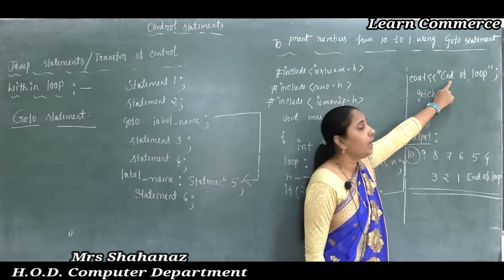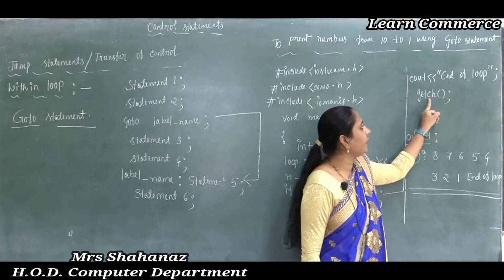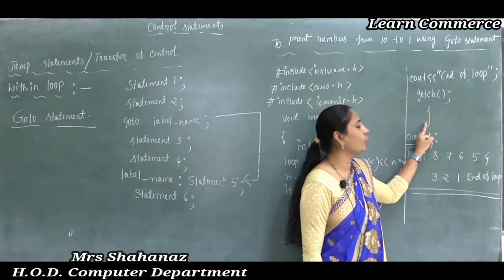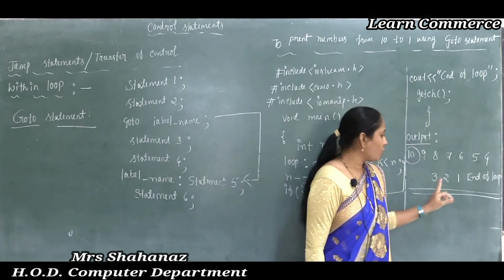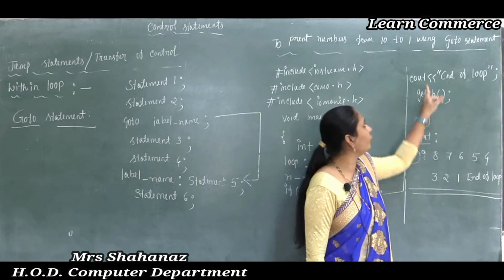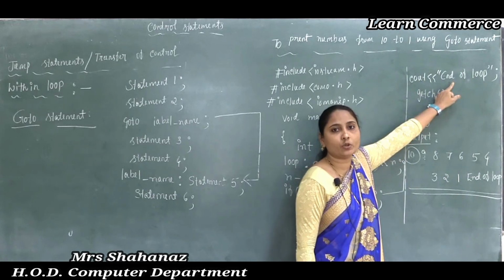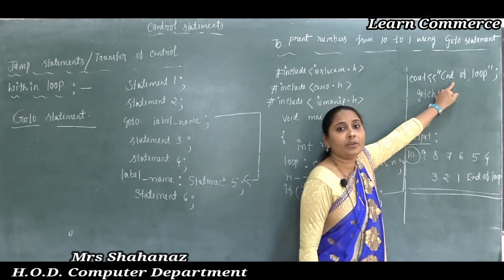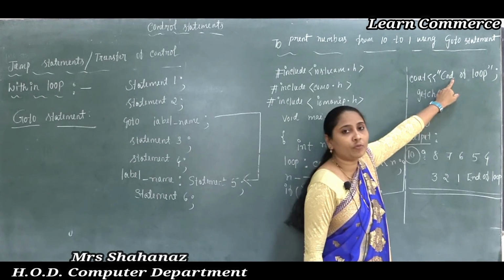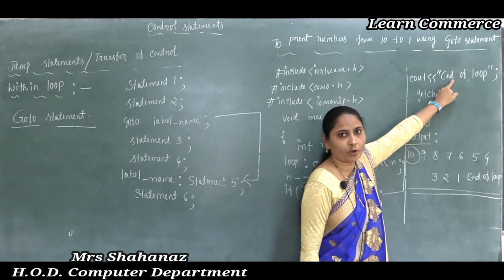Clear on this point? The end of loop, and later getch open close semicolon, closing of the flower bracket. So after printing all those values, we need to write the message end of loop.